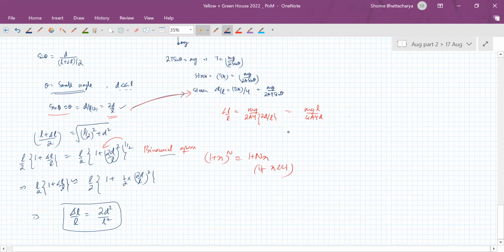So this equation that we had started out with has delta L by L and sine theta also. Now delta L by L's approximate value is becoming 2 times d square by L square. On the other side, sine theta's approximate value is becoming 2d by L. So from this, I can now calculate the value of d easily.